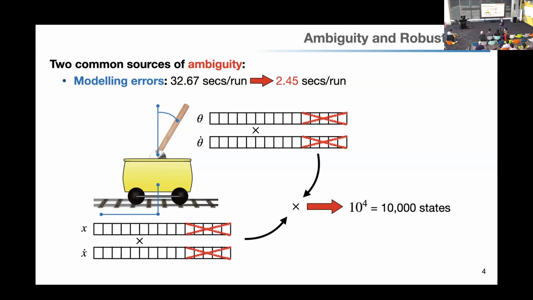Yes? Thank you. How are you assessing the performance in the real world? Because you have to make assumptions about how your policy is performing. That's right. Thank you. So what I do have is a simulation model, which I take as the ground truth, the real world.